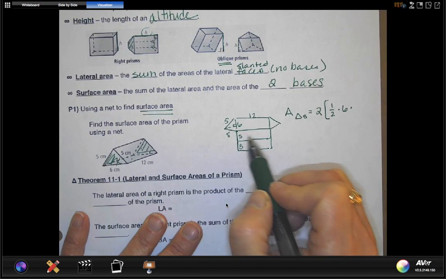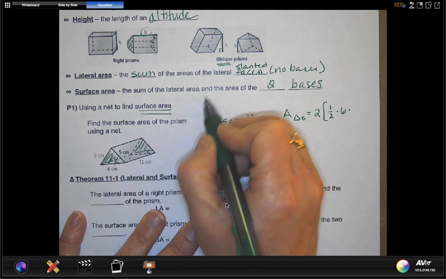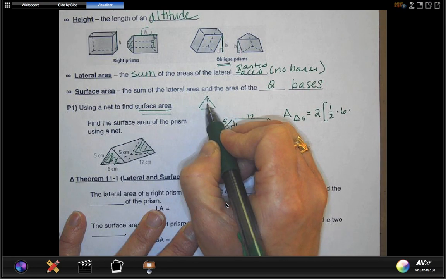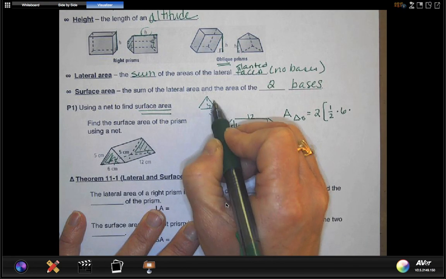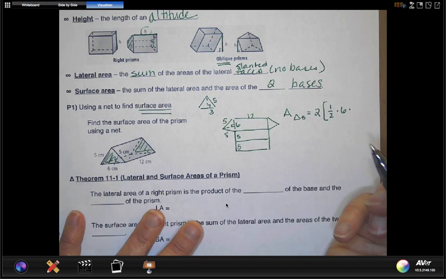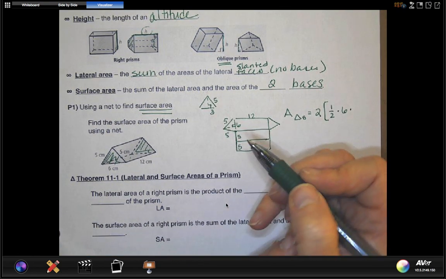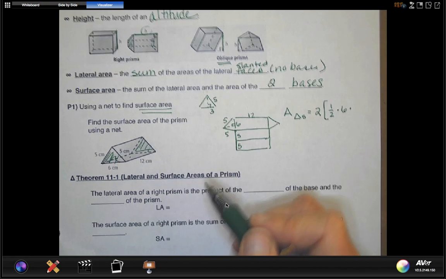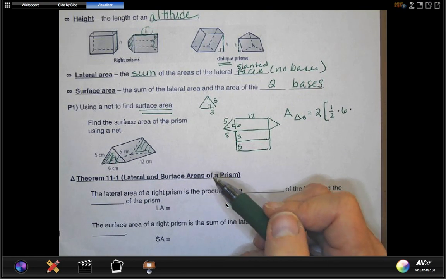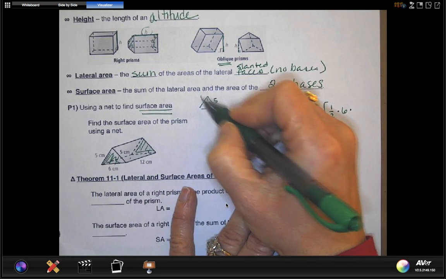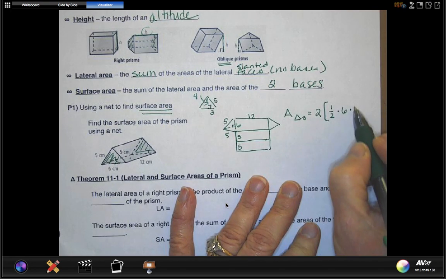Well, luckily for you, I split that in half to find my height, and I get a 3 here and a 5 here, so you don't have to use any of your trig functions. You have 2 sides, and it's a right triangle, so you can use the Pythagorean theorem. Or you just remember it's a Pythagorean triple, so then that would make your height 4. So then my height's 4.